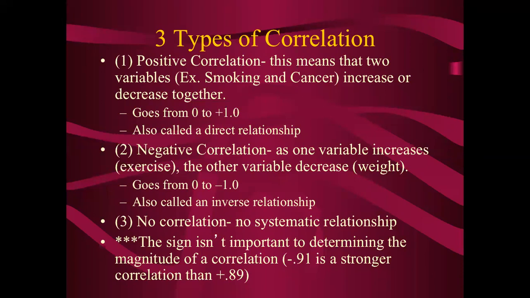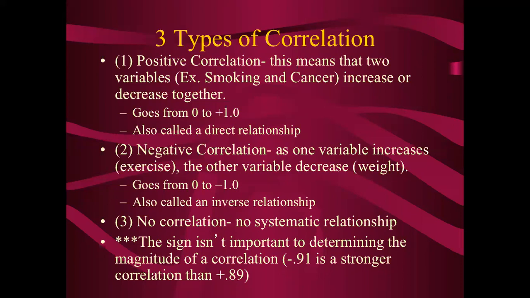Okay. A negative correlation is that the factors are going in opposite directions. So as factor A increases, factor B is going to decrease. We refer to this as an inverse relationship or an indirect relationship. An example would be that increased exercise on average will decrease weight.